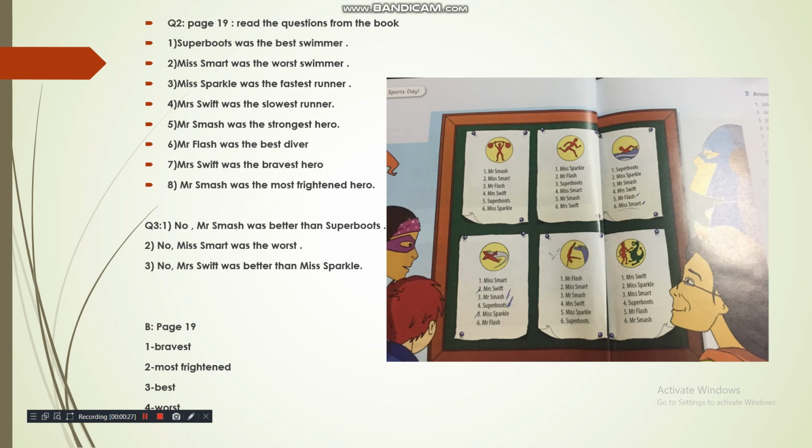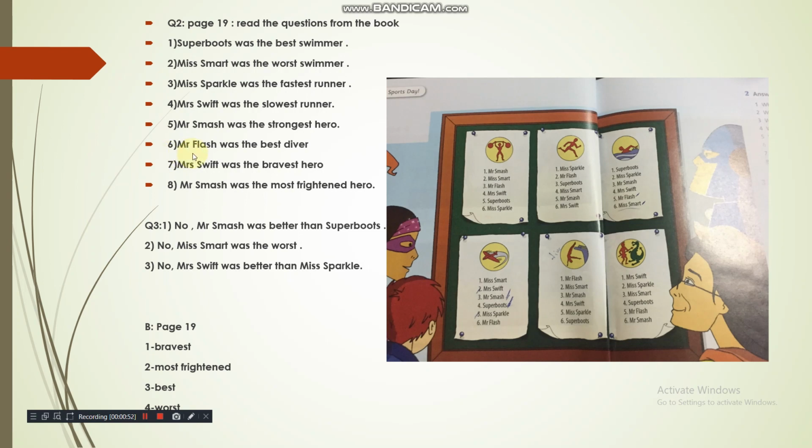Number 3. Who was the fastest runner? Mrs. Sparkle was the fastest runner. Number 4. Who was the slowest runner? Mrs. Swift was the slowest runner. Number 5. Who was the strongest hero? Mr. Smash was the strongest hero.